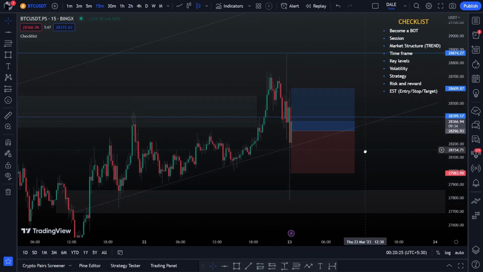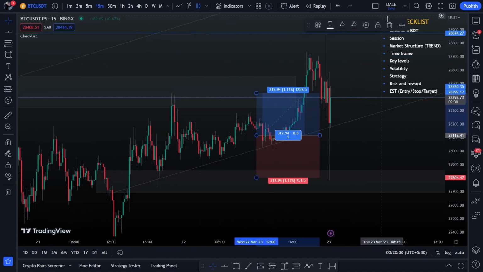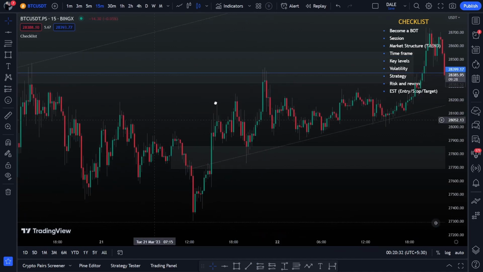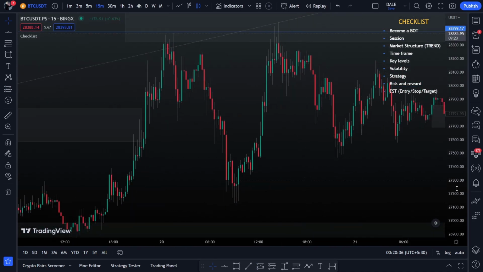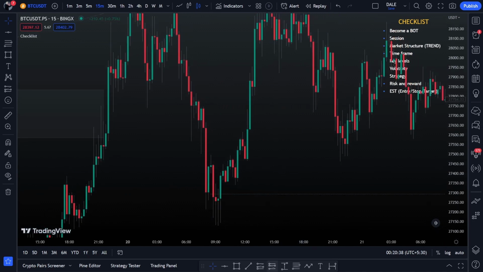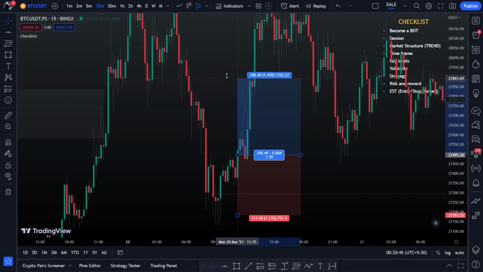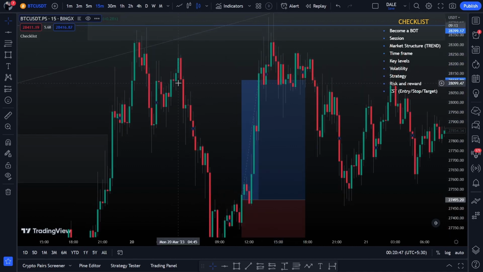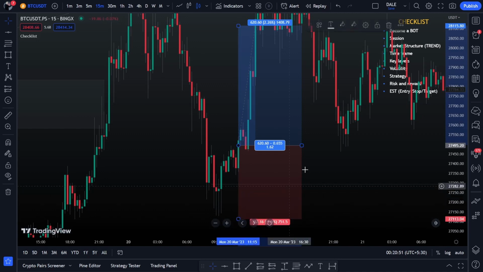Imagine I'm taking a trade here, and I'm keeping a target of one or two over here, with the stop loss here.